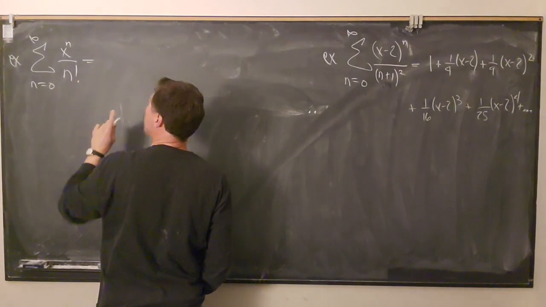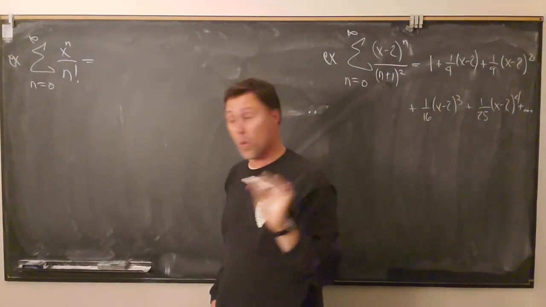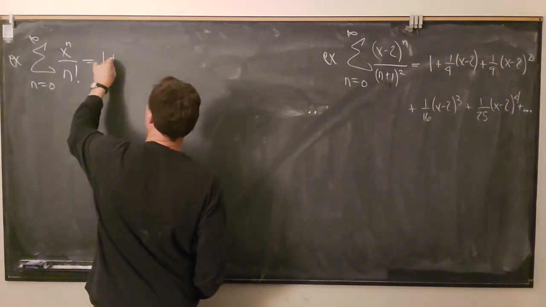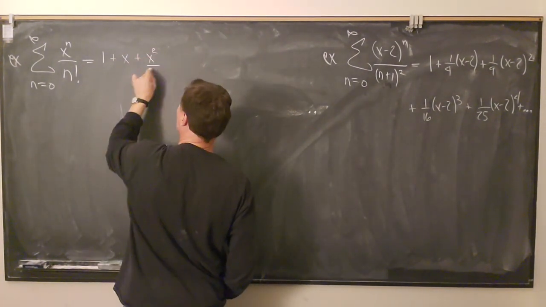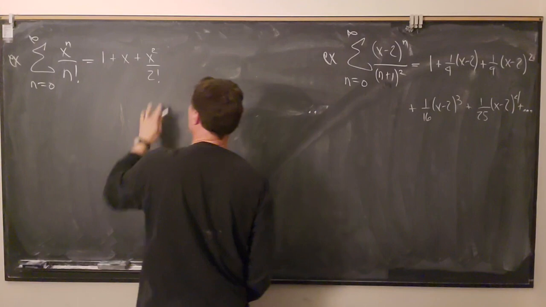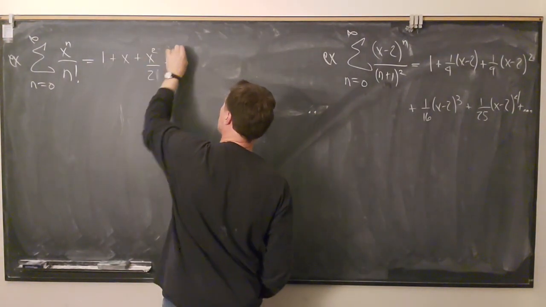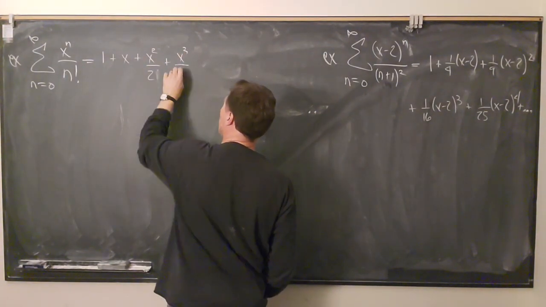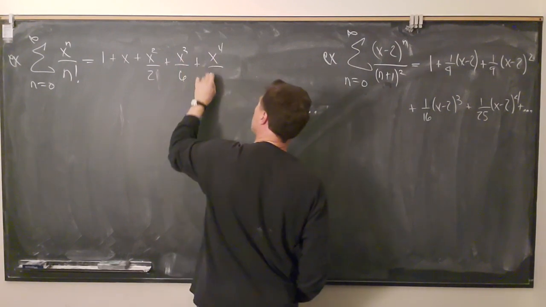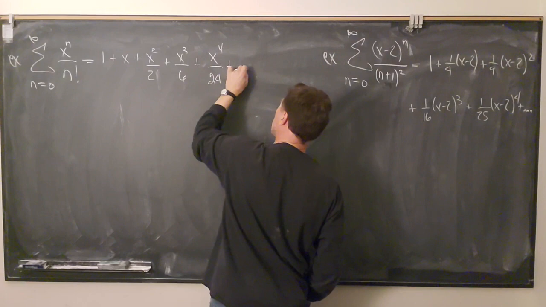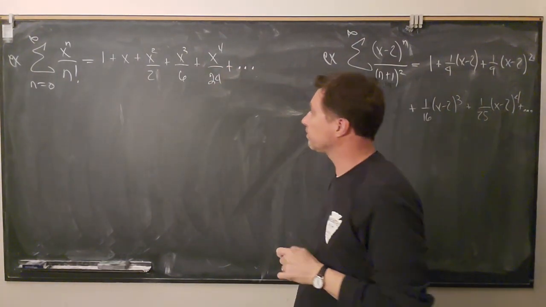Well, it would look like, remember, 0 factorial is equal to 1, so this would be a 1 plus an x over 1 factorial plus an x squared over 2 factorial, which is just 2, plus x cubed over 3 factorial, which is 6, plus x to the 4th over 4 factorial, which is 24, and then plus dot dot dot. That goes on forever.